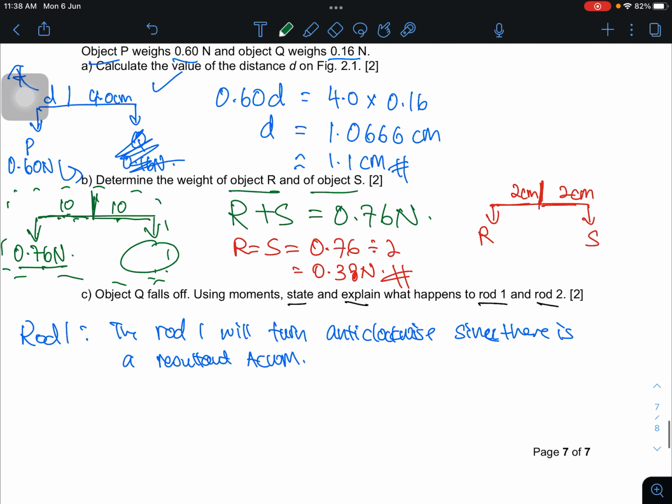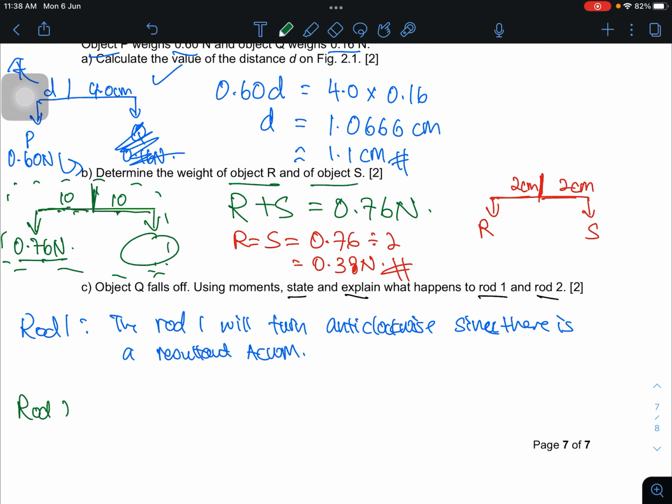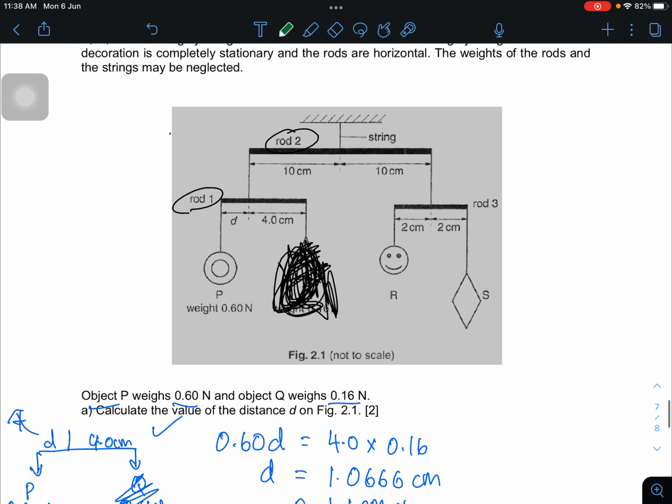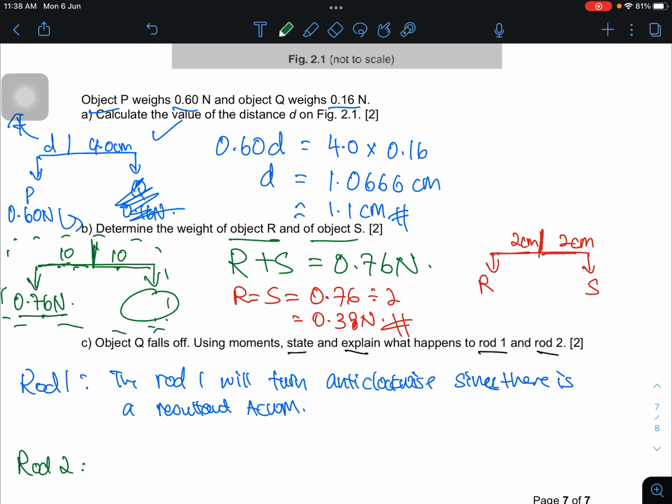Okay, so rod 2 now. Over here just now we already established that down here is the same 0.76 Newton. But over here I do not have 0.76 anymore.